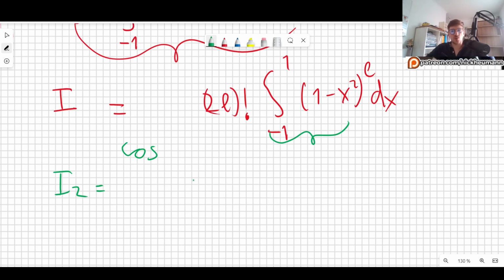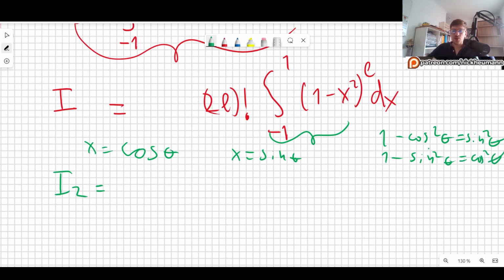For example, if x is cosine theta or x is sine theta, because 1 minus cosine squared theta is sine squared theta, and 1 minus sine squared theta is cosine squared theta, you can choose either substitution, and you get rid of that annoying thing which makes integrating very hard. So I will say x is equal to cosine theta.